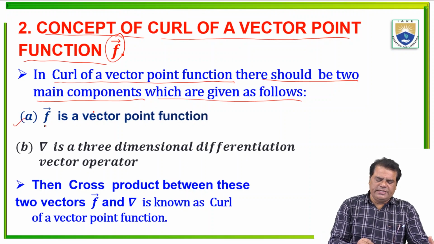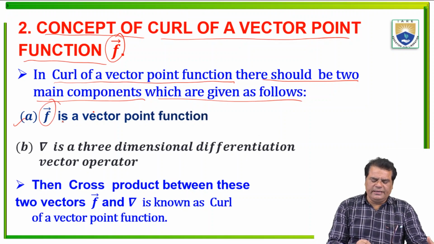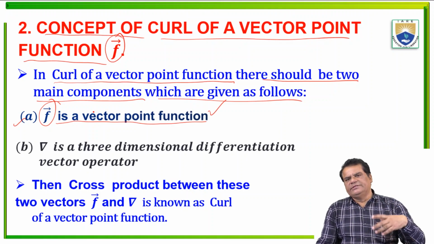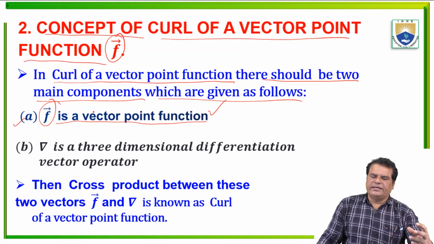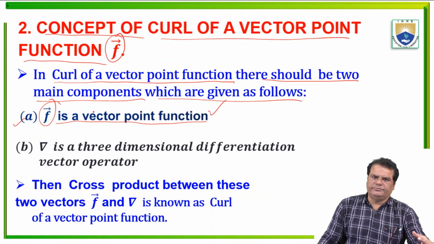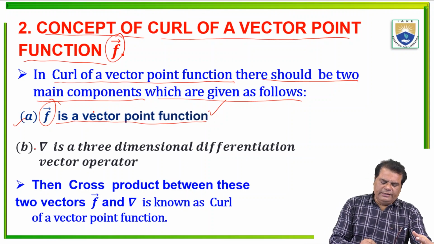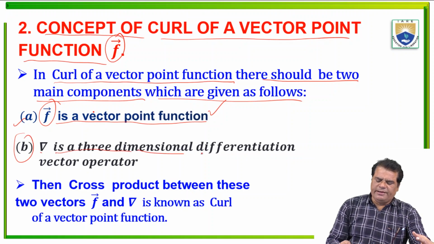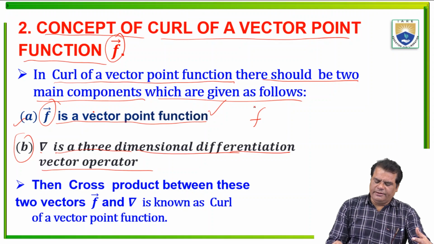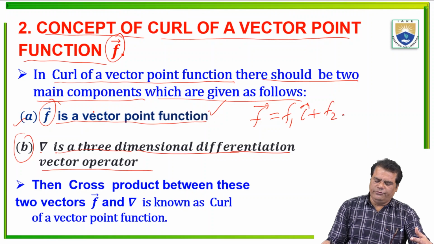So the first point is f vector. F vector is a vector point function in coordinate geometry. In three-dimensional coordinate geometry, f vector is the position of a point in vector form. The second is del. Del is a three-dimensional differentiation operator, a vector operator. So here the value of f vector is f1 i plus f2 j plus f3 k.